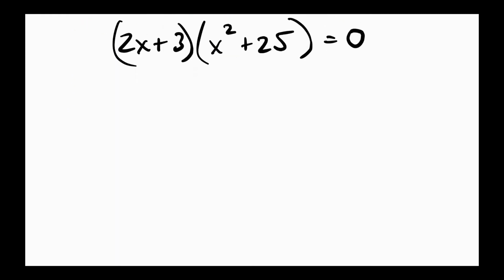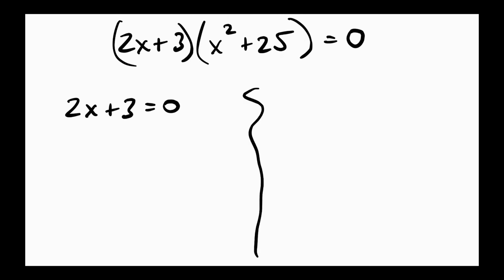Step 9 says separate. I have 2 factored parts, and I need to set each equal to 0. So over here, I'm going to subtract 3 from both sides.